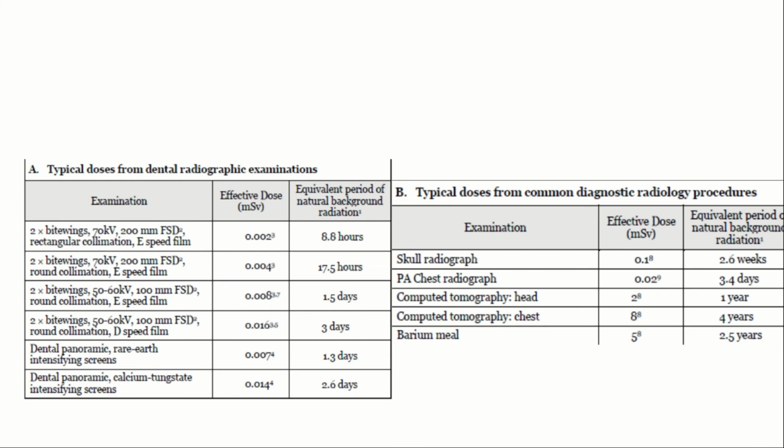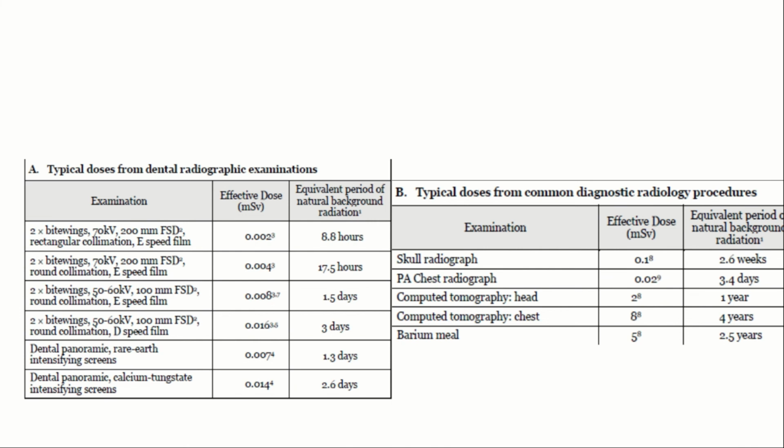What I'm trying to explain is the dose produced by the X-ray machine and how to achieve it by exposing yourself to background radiation, that is, how long you should be exposed to achieve the effective dose for the X-ray that we are using in our clinic.